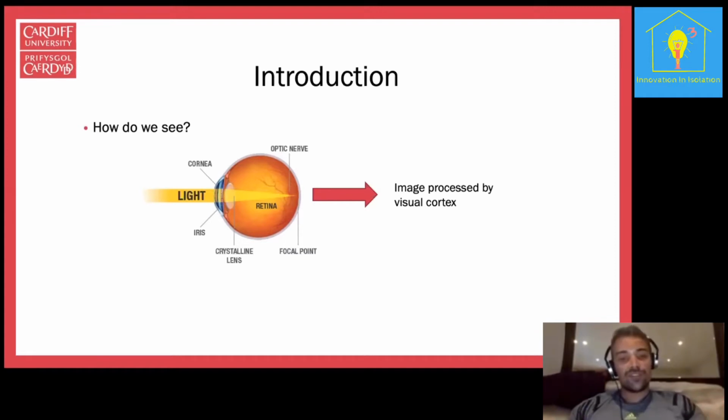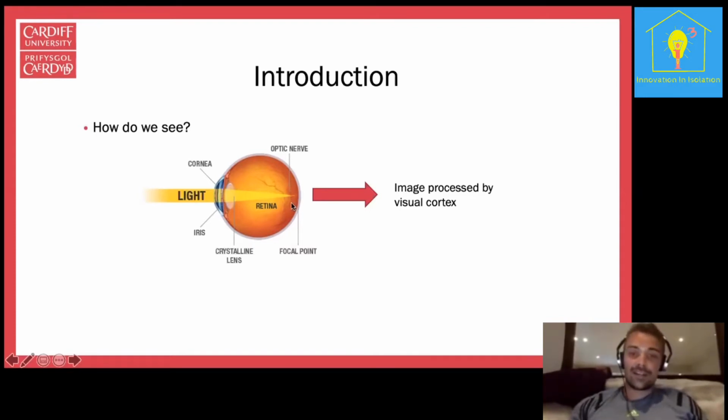And then when you reach the back of the eye, I'm pointing at my screen, I need to be pointing with my arrow. As you look at the retina, these will then generate an electrical signal from the light, and this will be passed along the optic nerve and then finally processed by your visual cortex.